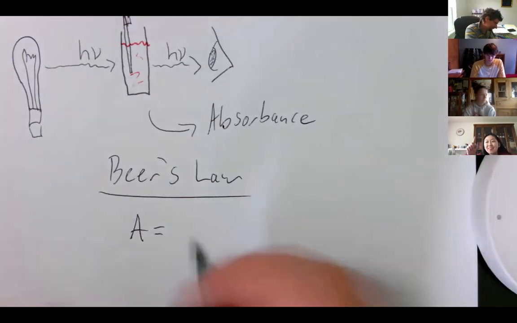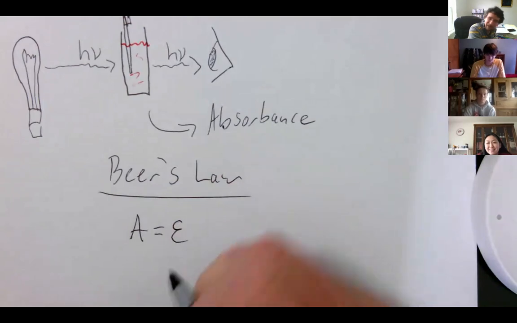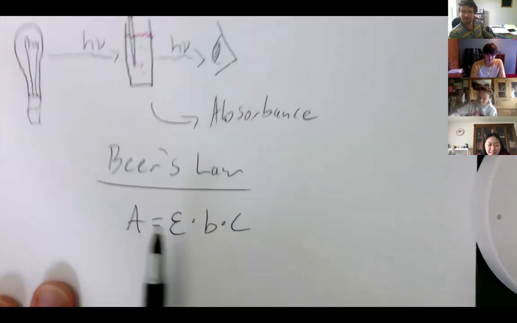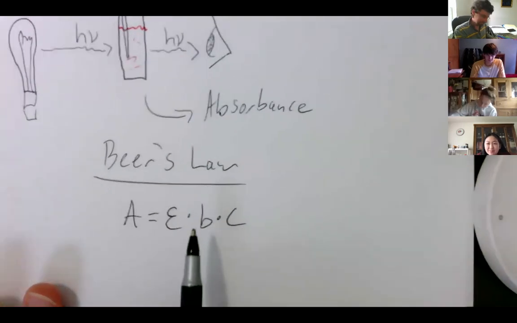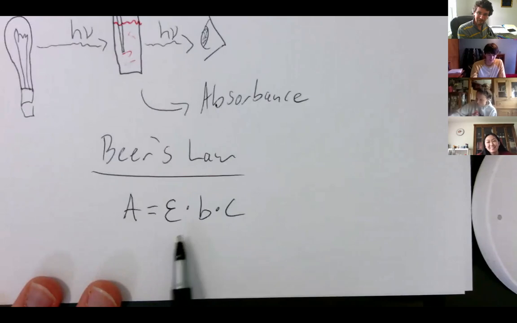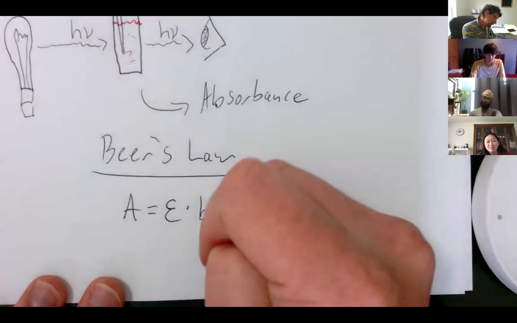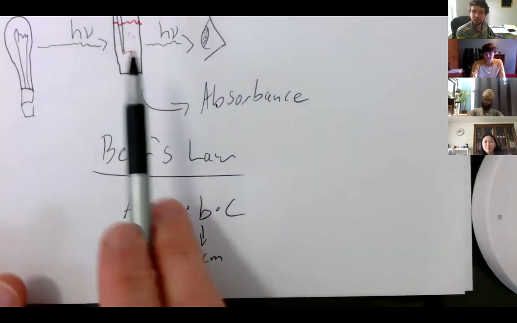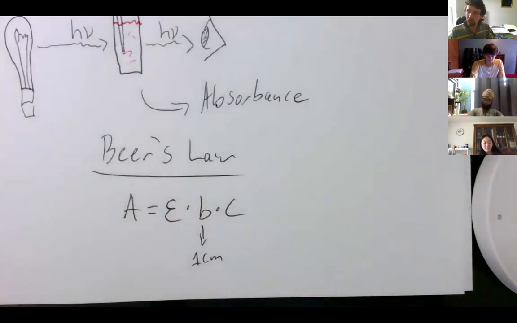Curly E, b, c. I like curly E, yeah. Curly E, b, c. What are these things again? b is the path length. E is usually 1 centimeter. They build these things to be 1 centimeter long, so it makes our lives easy.